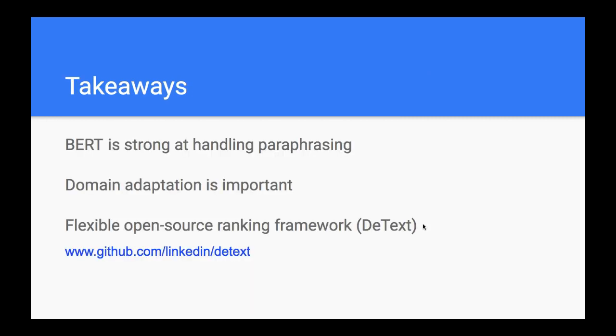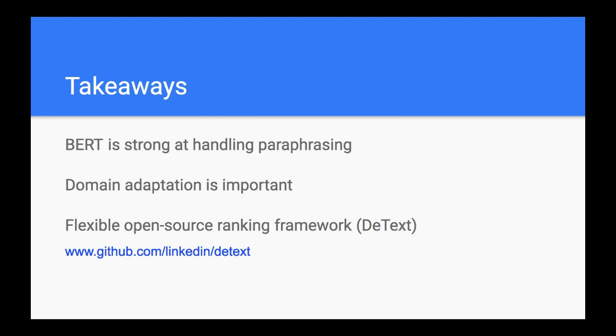Okay, so what did we learn today? We learned that BERT is very strong at handling paraphrasing, like help center search. So if it's something you want to build that is related to very semantic heavy search, then you may consider using BERT or other transformer based models in your search engine to improve it.